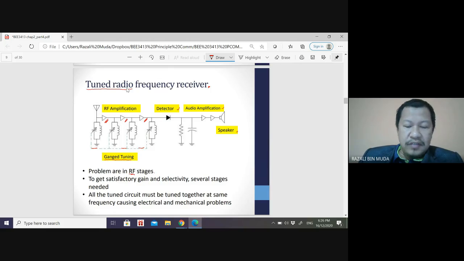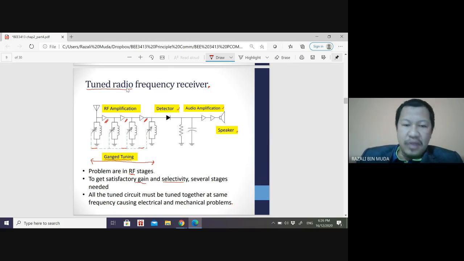To get satisfactory gain and selectivity, several stages are needed in this stage. All the tune circuits must be tuned together at the same frequency, causing electrical and mechanical problems.